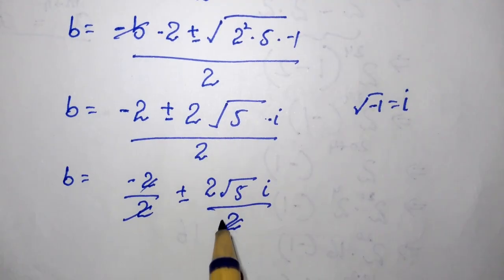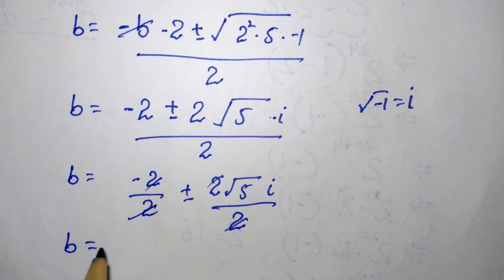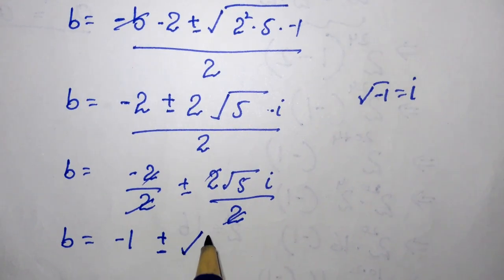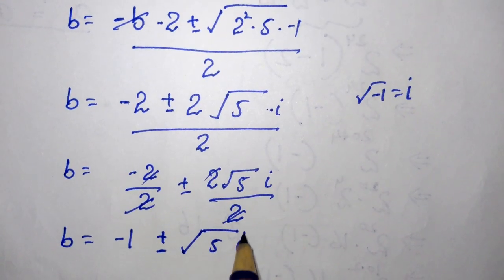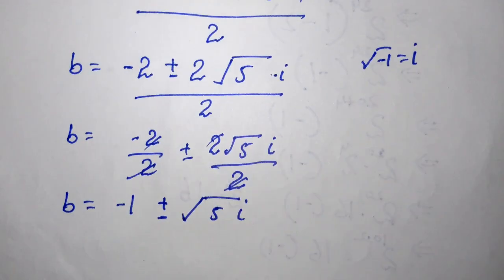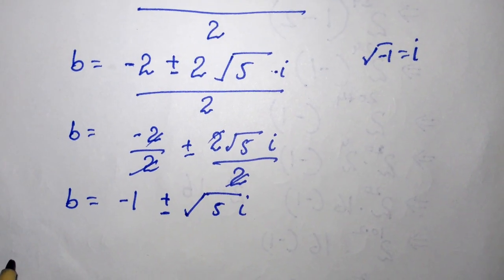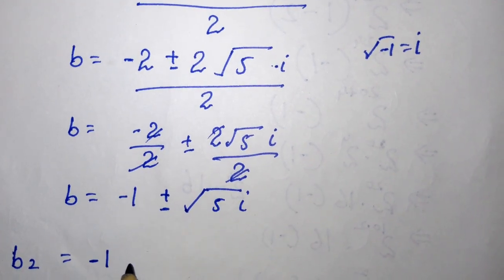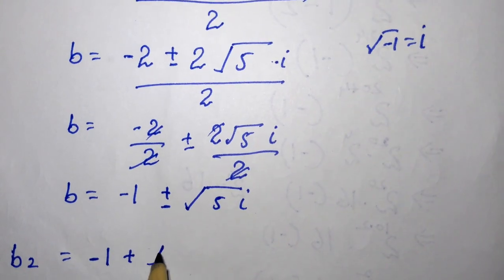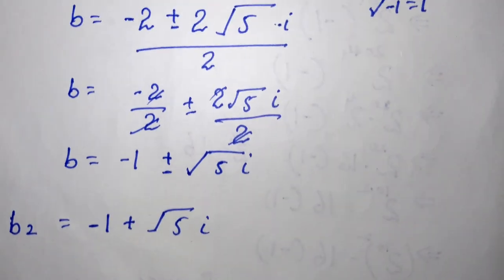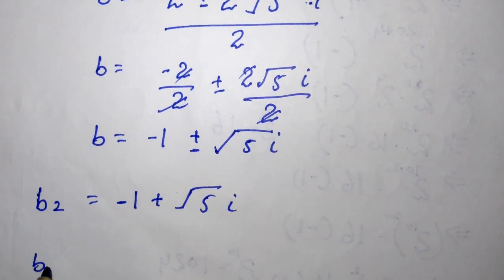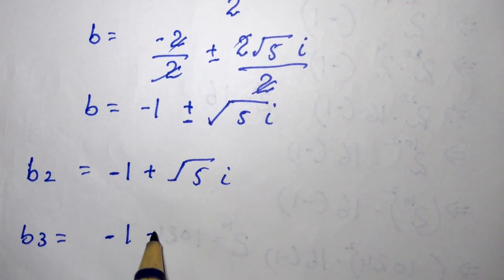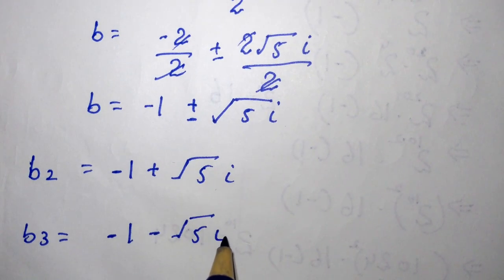To cancel with 2, here b is equal to minus 1 plus or minus square root of 5i. This is the complex solution, so b2 is equal to minus 1 plus square root of 5i, and b3 is equal to minus 1 minus square root of 5i.